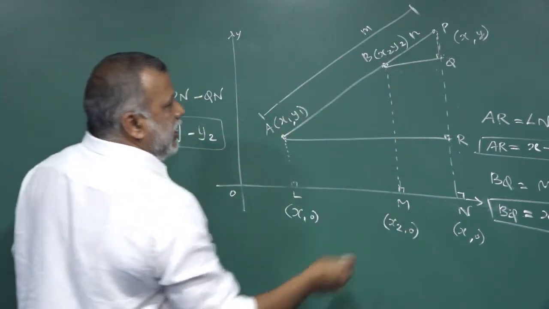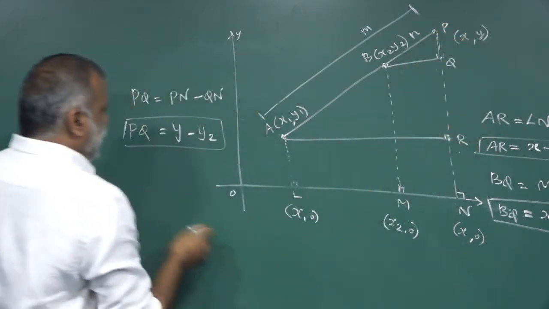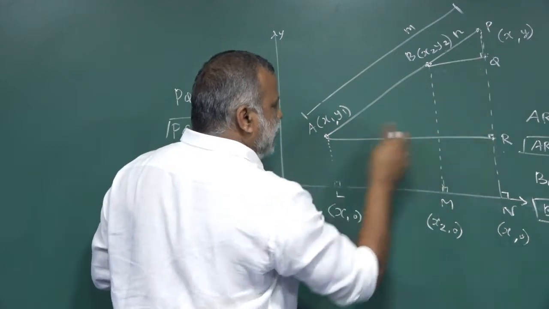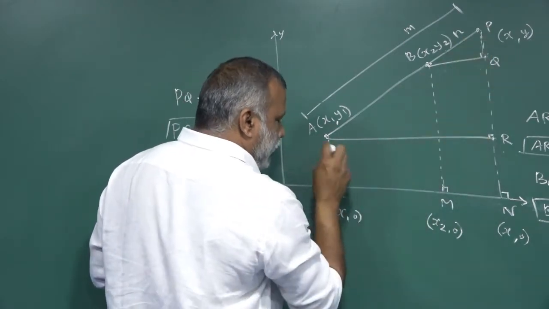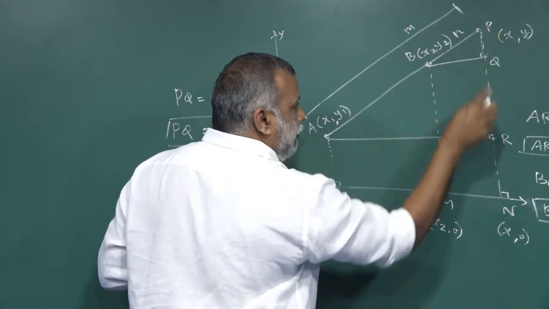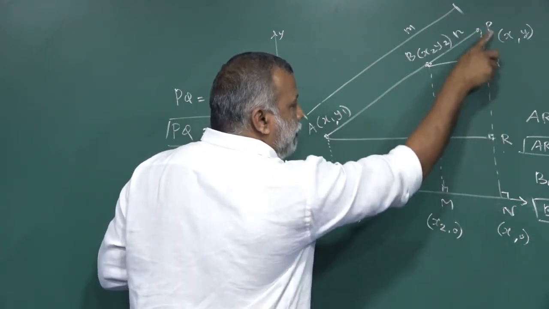Once again, we need the distance PR, because PR is another side we need in this diagram, ARP. How are we able to work out the PR distance?